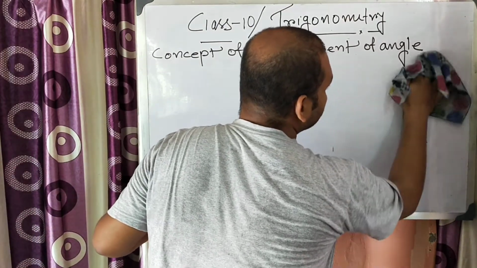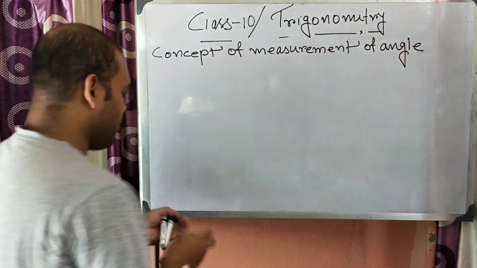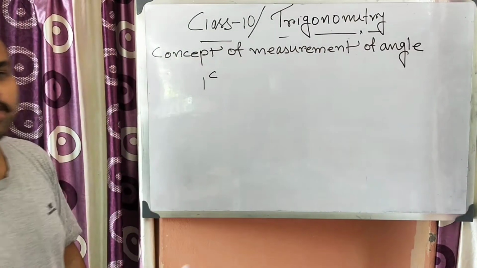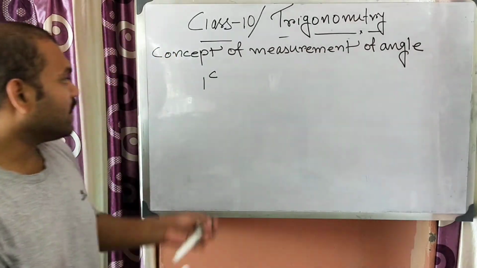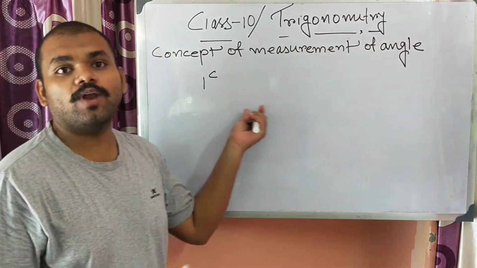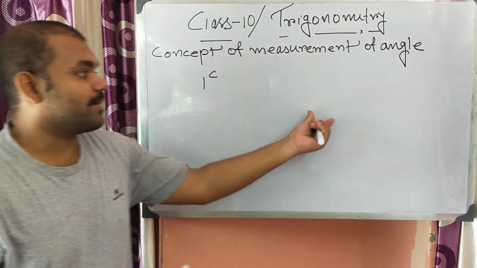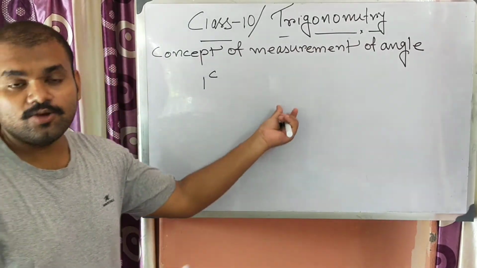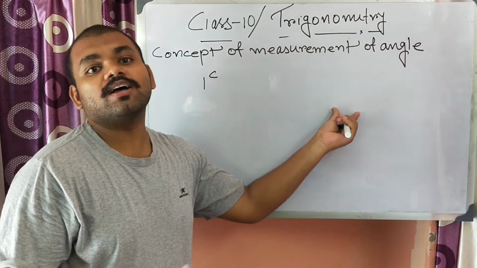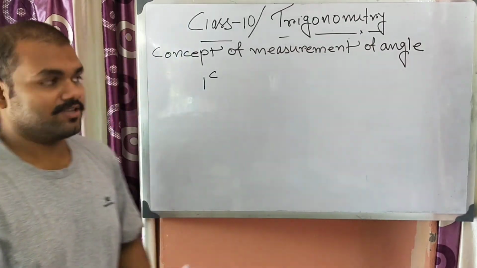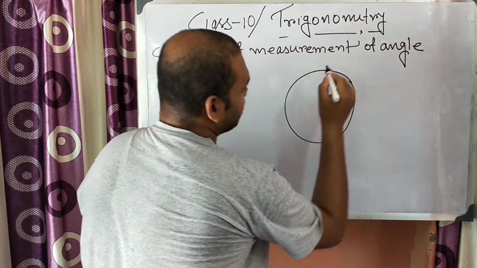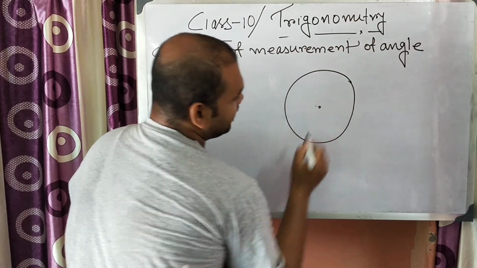To get to know about that, we need to know about one quantity, that is 1 radian. What do you mean by 1 radian? 1 radian is that circular angle which is subtended at the center by an arc equal to the length of the radius. What is the meaning? The meaning is very simple. Suppose this is the circle and this is the center.